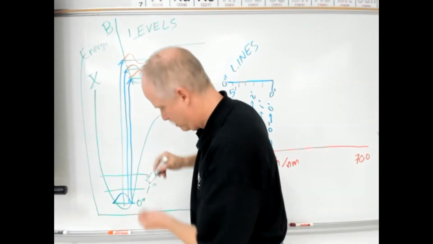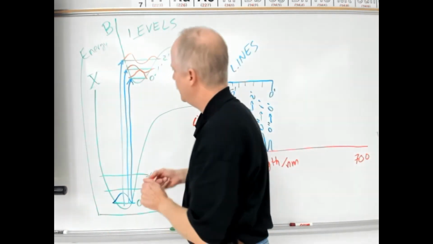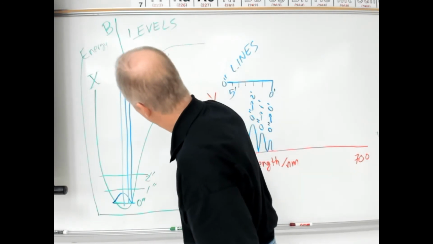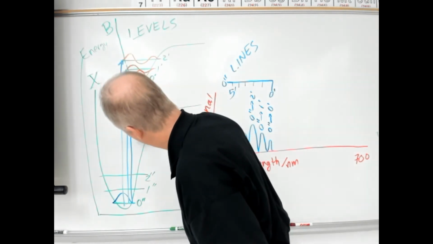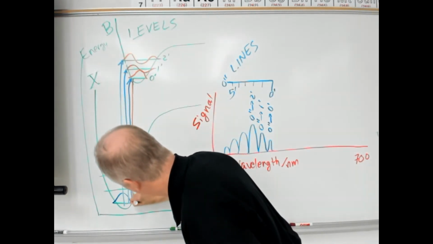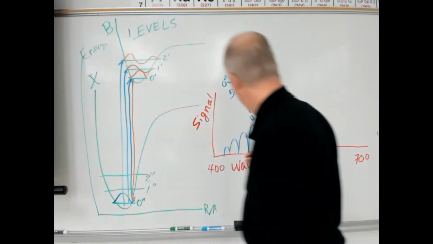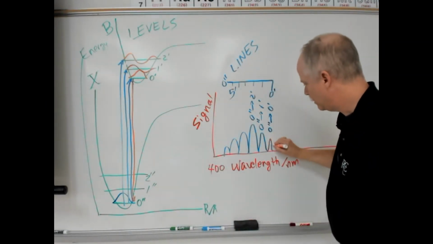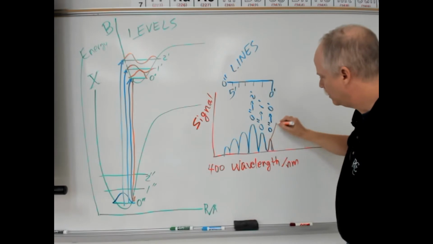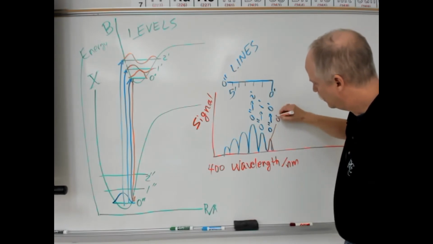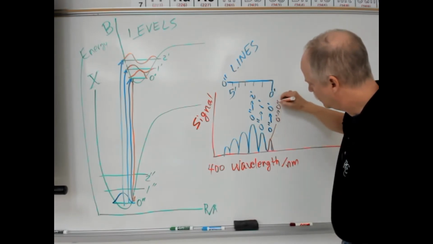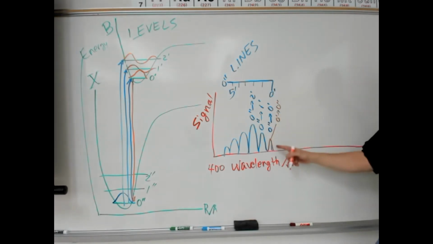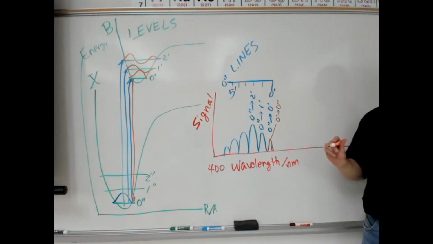And we're going to draw an orange arrow, again, 0 to 0. So this 0 to 0 can go up and it can go down.